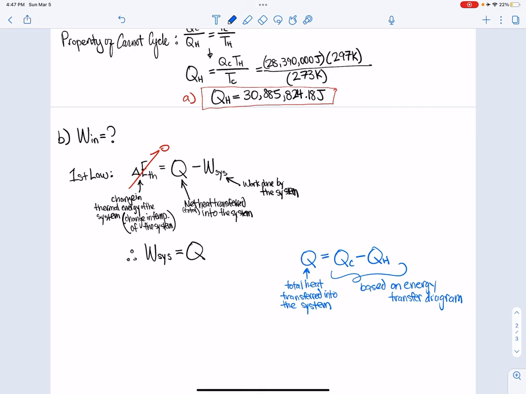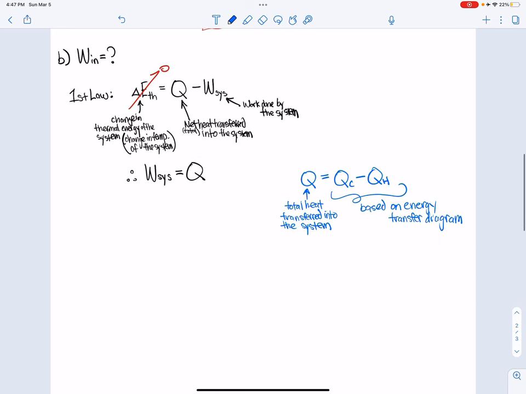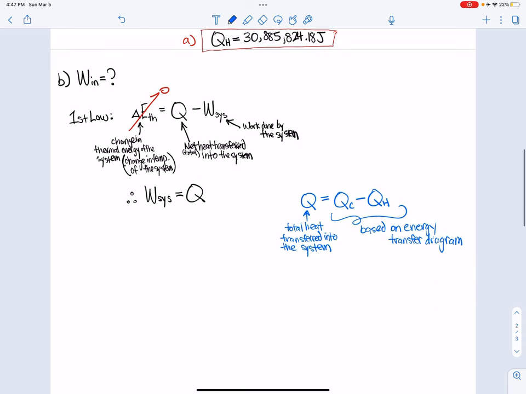That's why it's nice to draw an energy transfer diagram like we did in the beginning, because it allows us to understand our problem much better. So now my net Q is equal to QC minus QH.